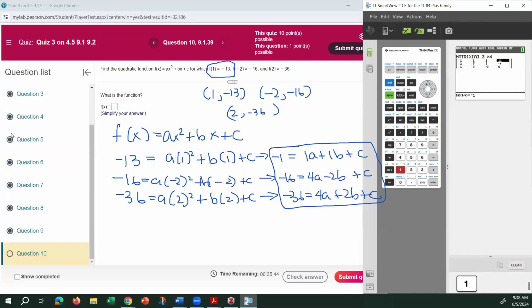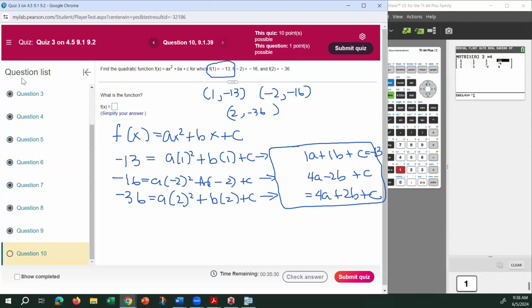So actually, let me just rewrite it in case it gets confusing. Remember, I wrote it on the other side. This would be -13, and this would be -16, and finally -36.